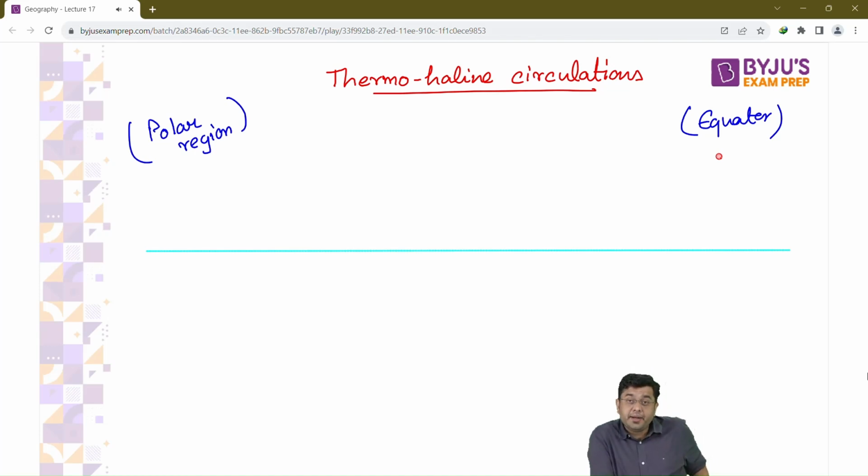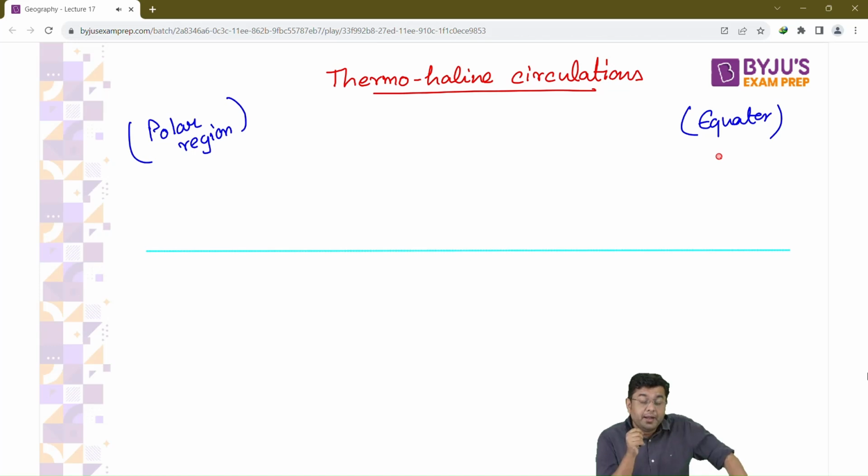Now, around the tropics, around the equator, the heating is very significant. Whenever heating happens, any state of matter will always expand due to heating. So, water also expands around the region of equator, around the region of tropics.